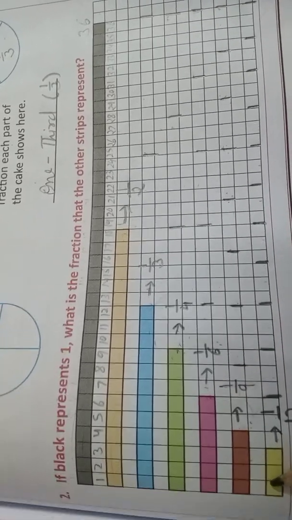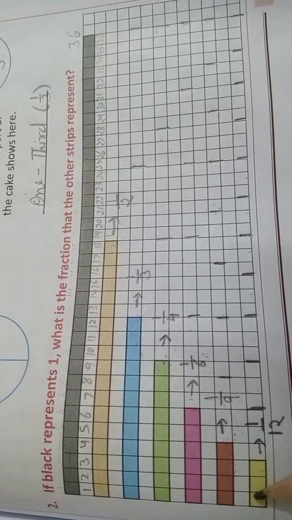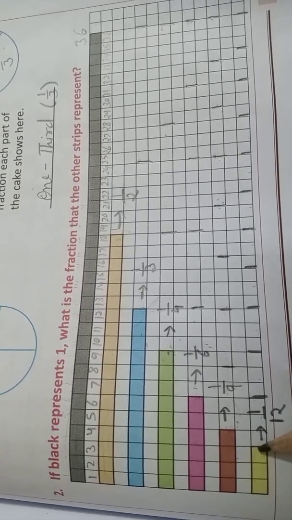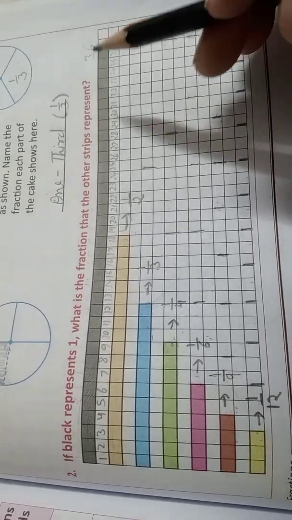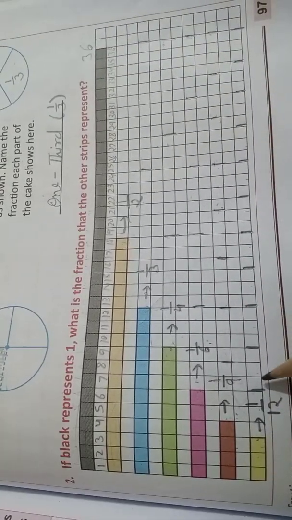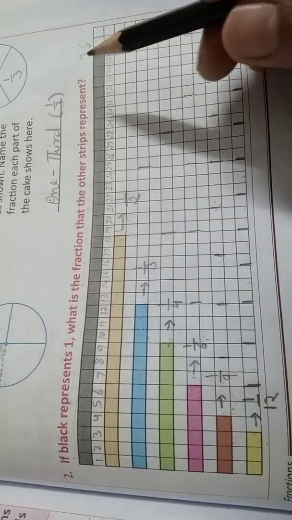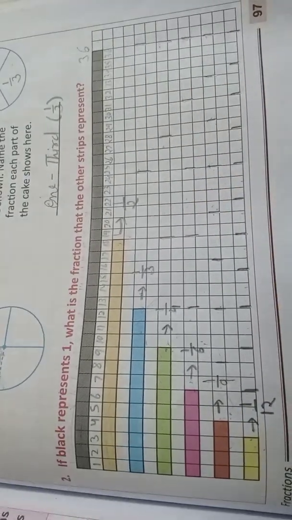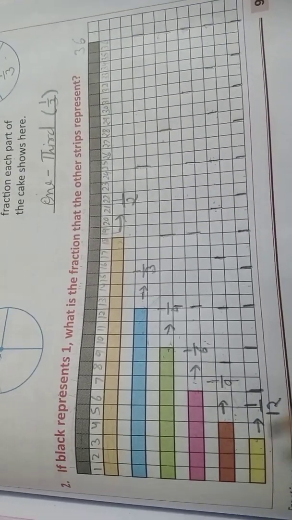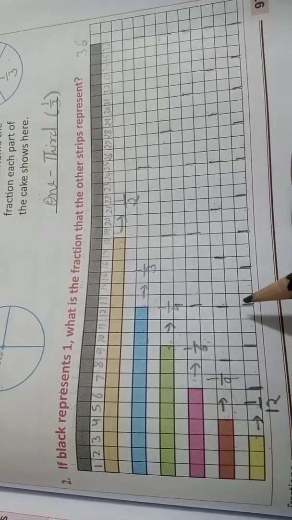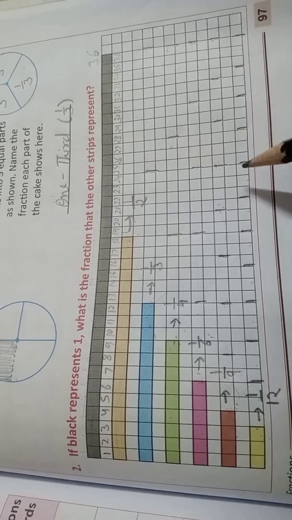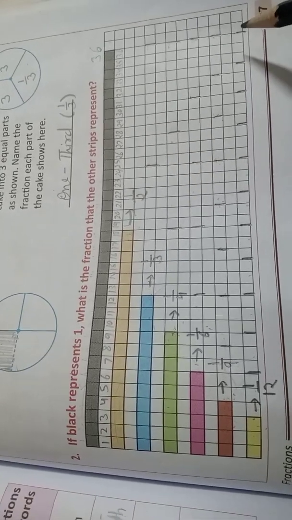Now see here the last one, yellow strip. 1 2 3, total we have 3 blocks. So we have to divide this 36 into 3 equal parts. So if you will divide 36 by 3, you will get 12. So means 12 times we can divide this 3. 1 time, 2 time, 3 time, 4 5 6 7 8 9 10 11 12.